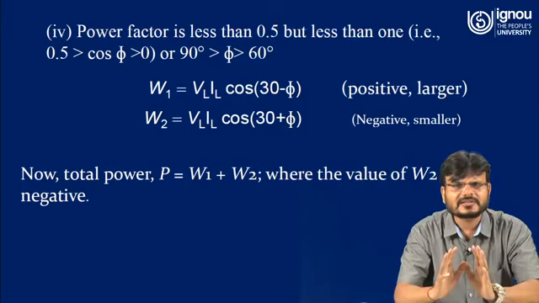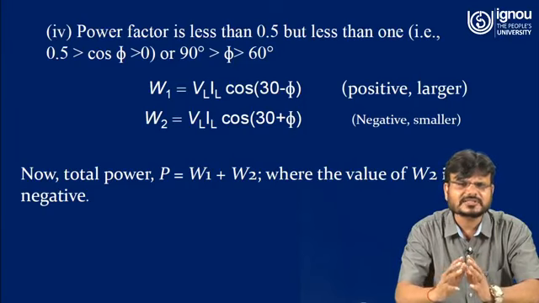So the total power is P equal to W1 plus W2, where the value of W2 is a negative reading.